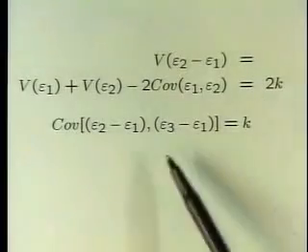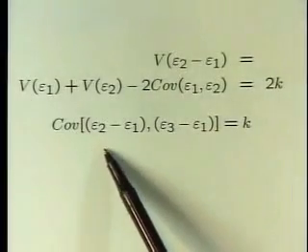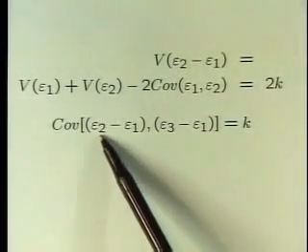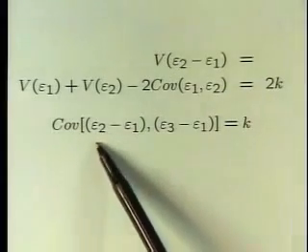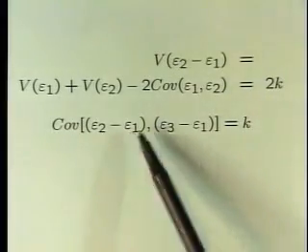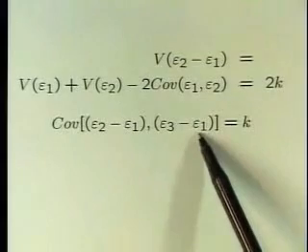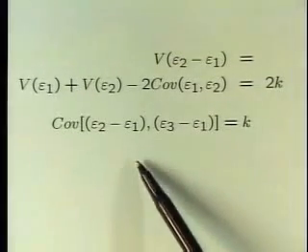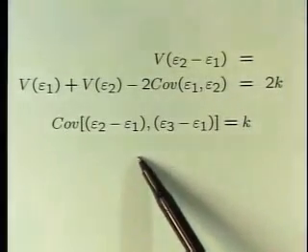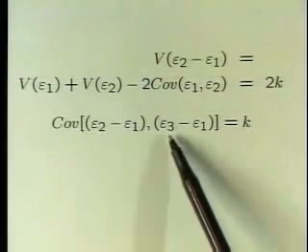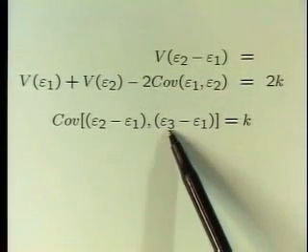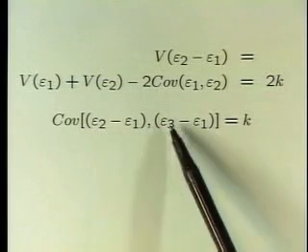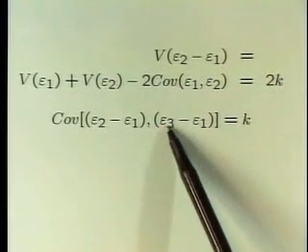We can also look at the covariance between the error difference of the second alternative minus the first and the error difference of the third minus the first. Okay? All we have to do is look at where pairs of errors, when multiplied by each other, give us something not 0. 1 times 3 is 0, because there's no covariance there. 2 times 3 is 0. 2 times 1 is 0.